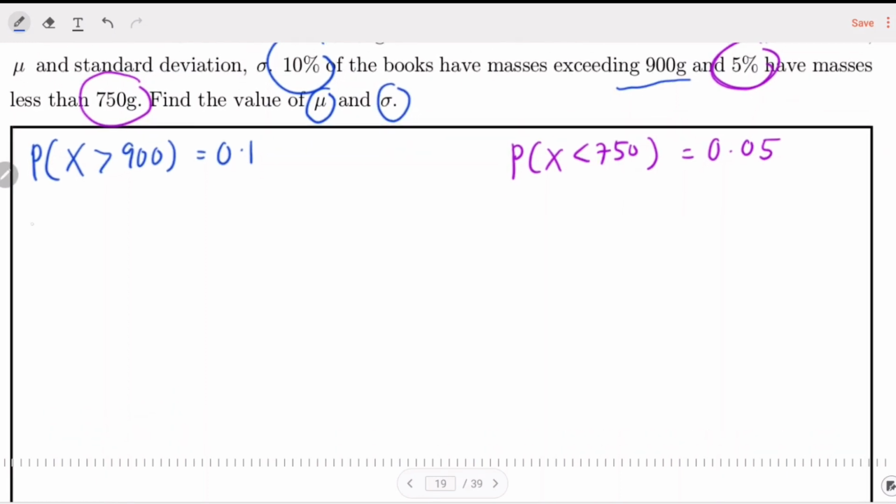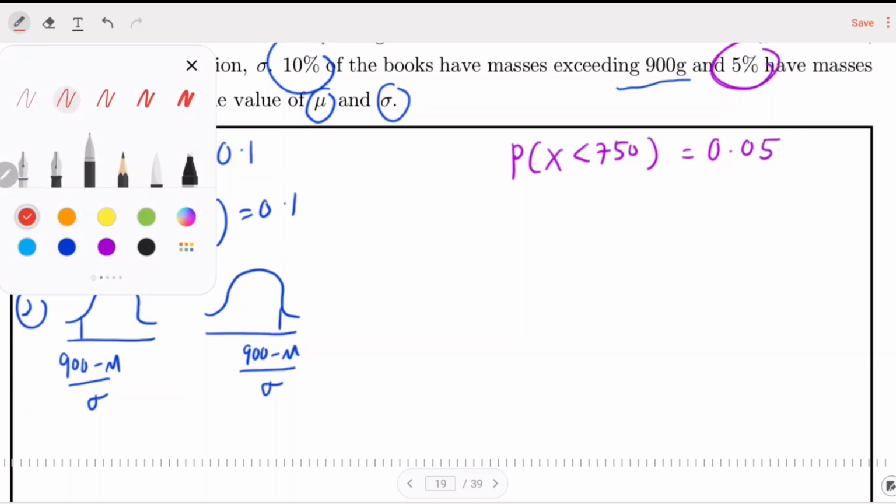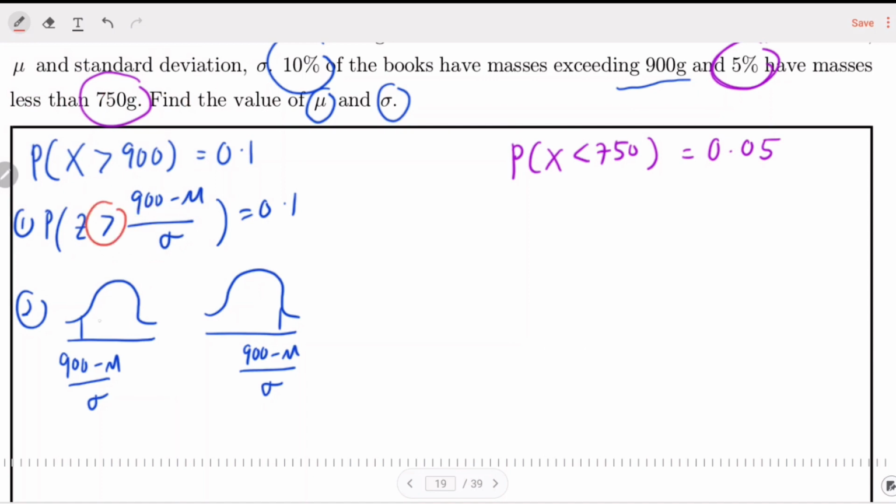So for the first one, as usual, we're going to standardize. But since our mu is unknown, sigma is also unknown, just put it like that. And the second step is to sketch the bell shape and to check which one is logical for the shaded region. So the shaded region is going to be on the right, Z greater than, so going to the right.